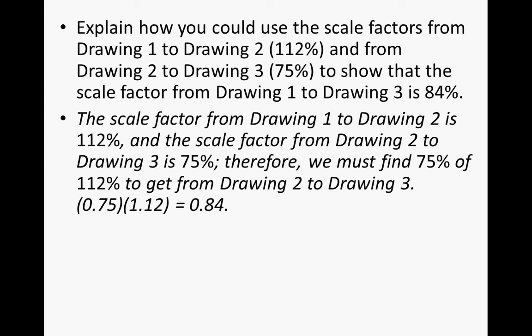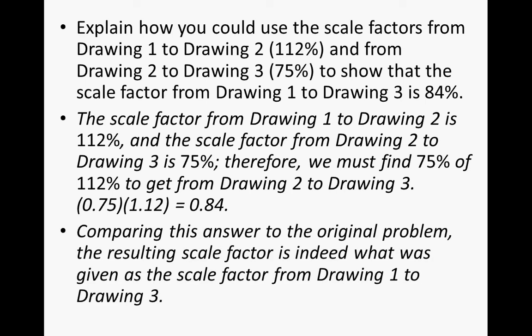Therefore, we must find 75% of 112 to get from drawing 2 to drawing 3. So 75% times 112% is 84%. Comparing this answer to the original problem, the resulting scale factor is indeed what was given as the scale factor from drawing 1 to drawing 3.